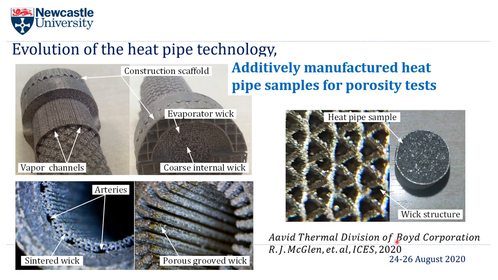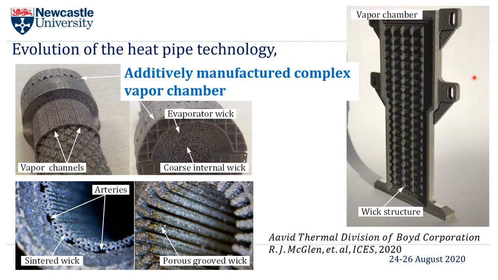Here also there's an example of some of the work that's been done on designing the wick structure and then testing samples for the next generation of additively manufactured heat pipes. Those examples were developed and provided by Avid Thermal Division of Boyd Corporation. And here is a quite intricate titanium vapor chamber illustrating what is possible in terms of fabrication of a bespoke solution for electronics in particular.